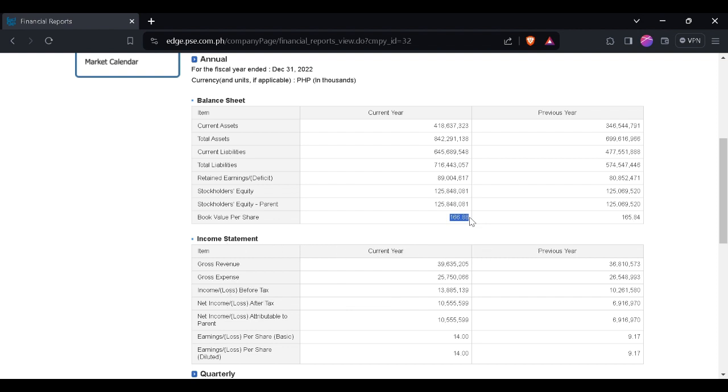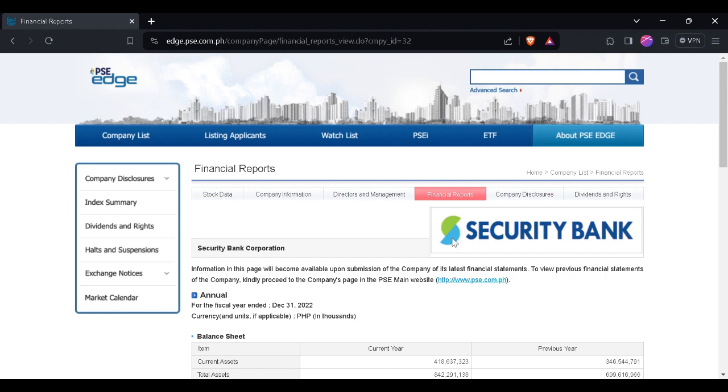Okay? So, let's just use the Benjamin Graham criteria. Since it is less than 1.5, it means that the price to book ratio computed for Security Bank is undervalued at the current stock price of 72.30 pesos.